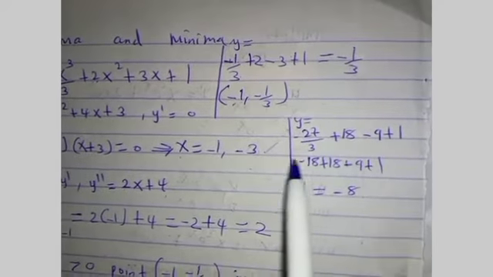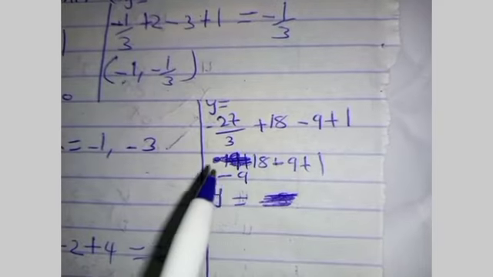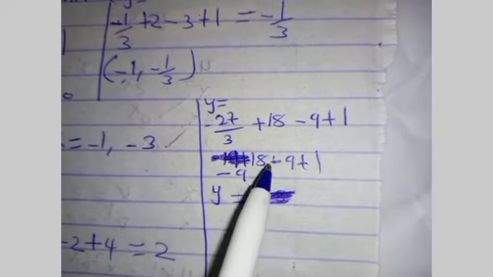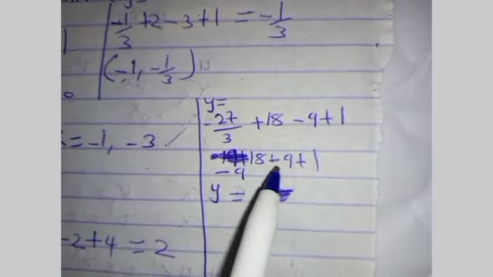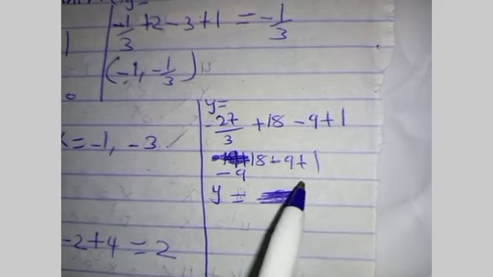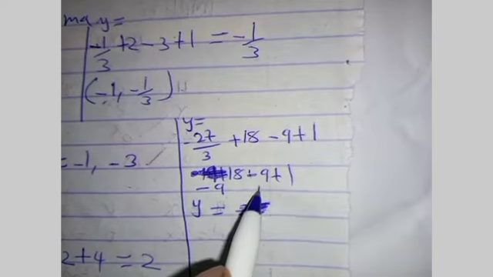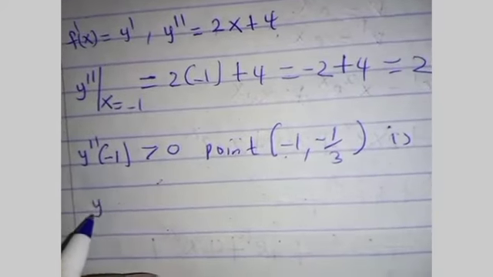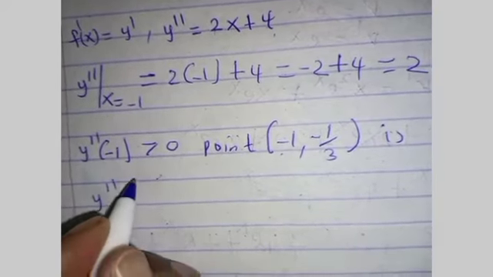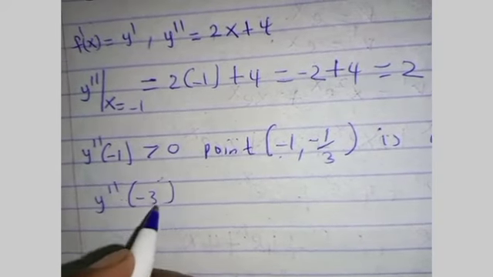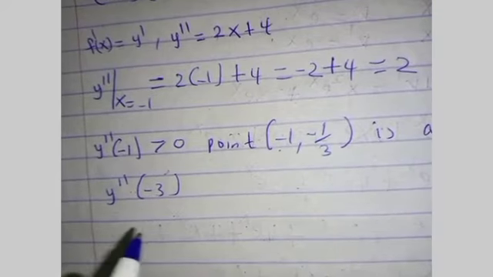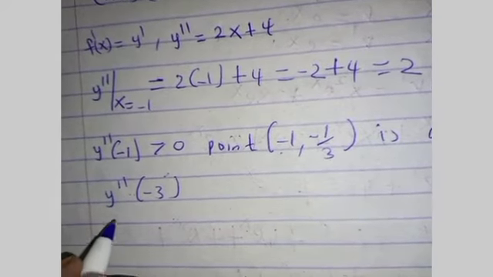So this is -9 plus 18 minus 9. So you see this is 0.